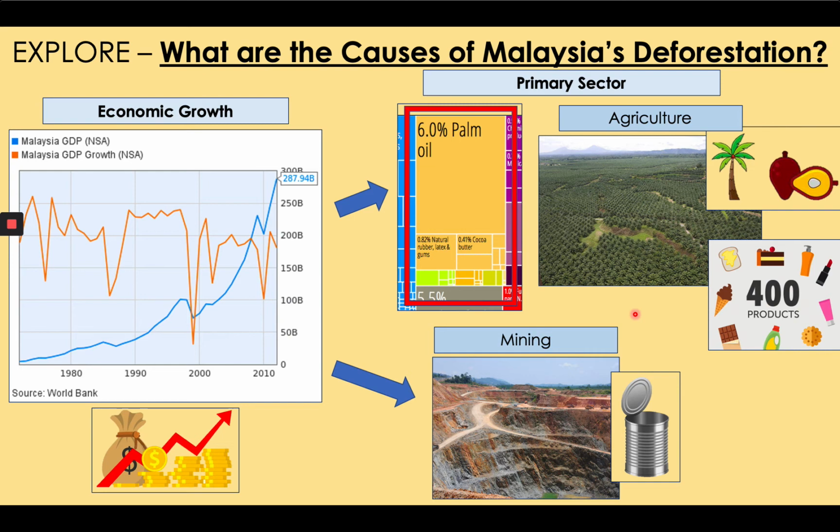On the island of Borneo and the Malaysian region of Sarawak, tin mining is very important and has led to the destruction of a significant amount of rainforest. It leads to high incomes for the people and the companies doing the mining, but it damages the biodiversity of the forest. So the first cause of Malaysia's deforestation is economic growth, which has been focused in the past on the primary sector: agriculture for palm oil and mining for tin.